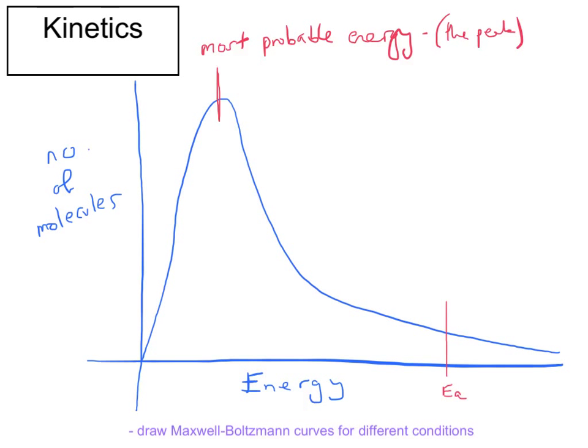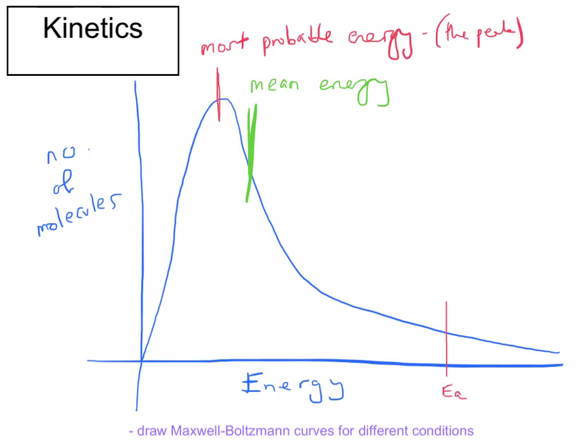But the average energy is actually shifted slightly to the right, because most molecules are on this side of the peak rather than this side of the peak. So if you wanted the average energy, that would be around here. Now, what an exam would probably ask you to do is draw the distribution at colder and hotter temperatures.